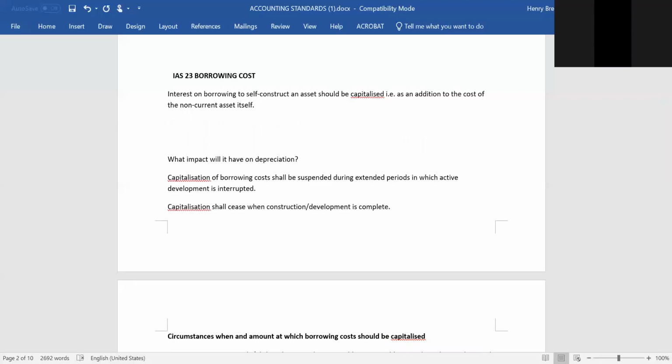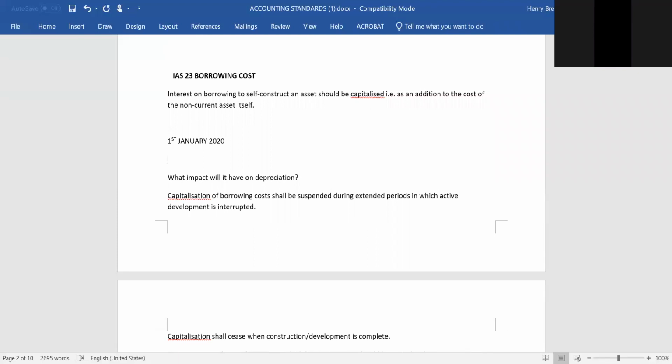Let's say that our company went for the loan on 1st January 2020, but we never used the loan to self-construct an asset. We started using the loan to self-construct the asset from 1st May 2020.